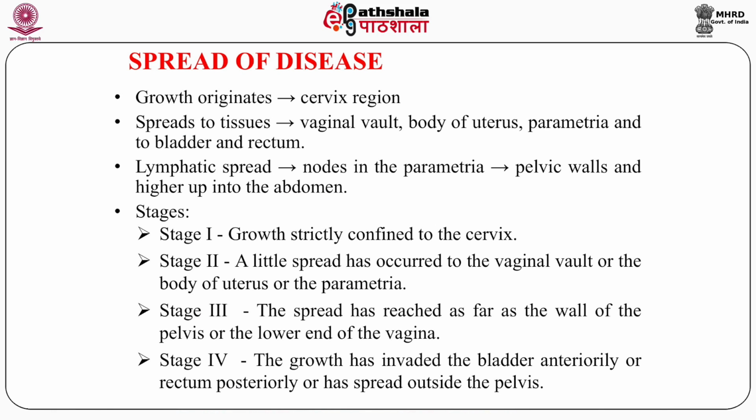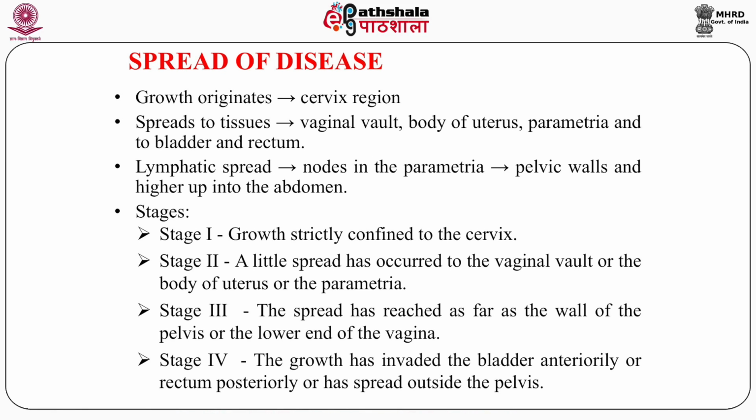Spread of disease: growth originates in the cervix region, spreads to tissues, vaginal vault, body of uterus, parametrium, and to bladder and rectum. Lymphatic spread is to nodes in the parametrium, pelvic walls and higher up into the abdomen.